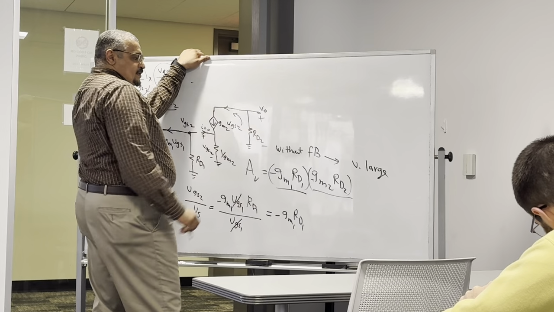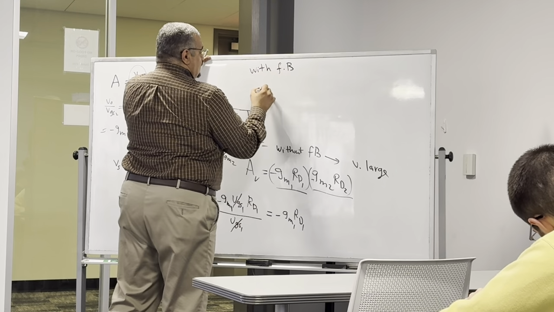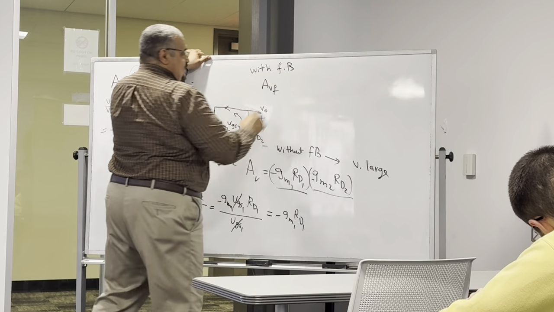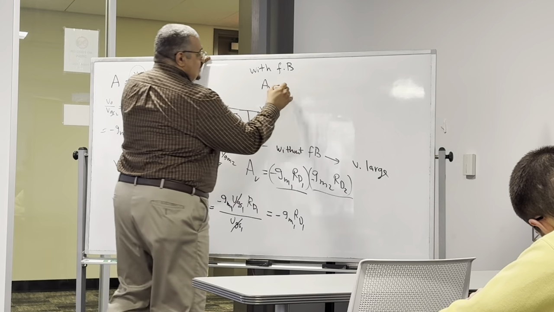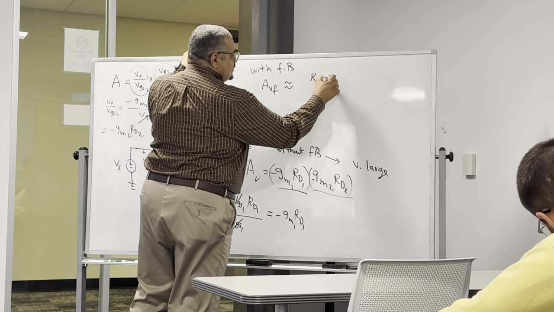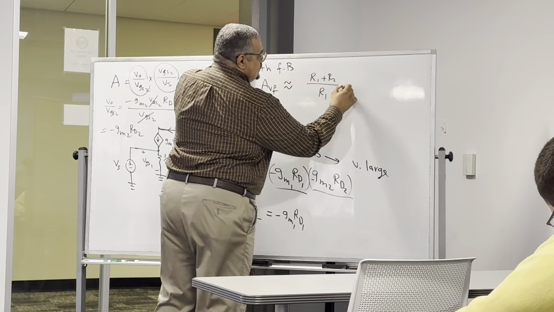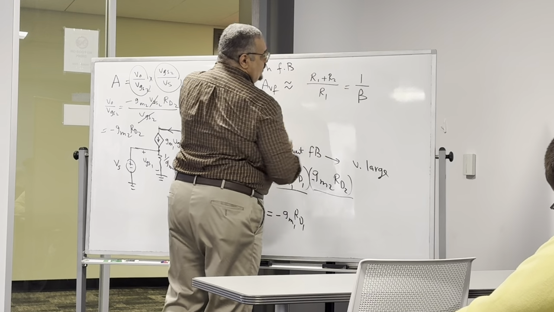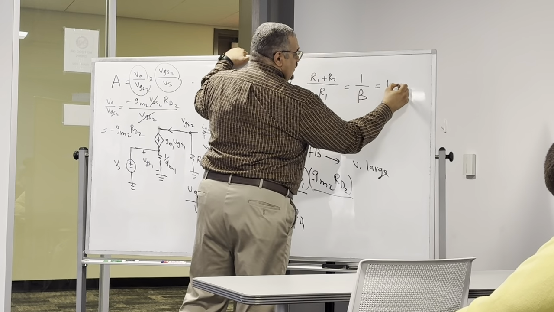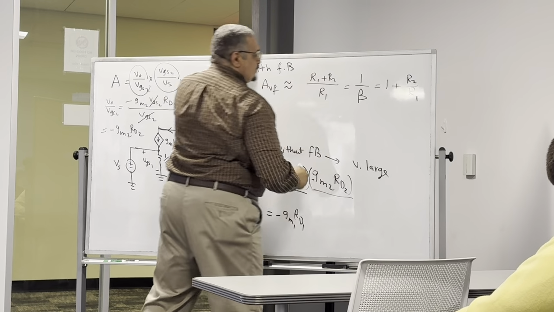With feedback, the gain, I'm going to give it a subscript F, is roughly R1 plus R2 over R1, which is 1 over beta, which is 1 plus R2 over R1.